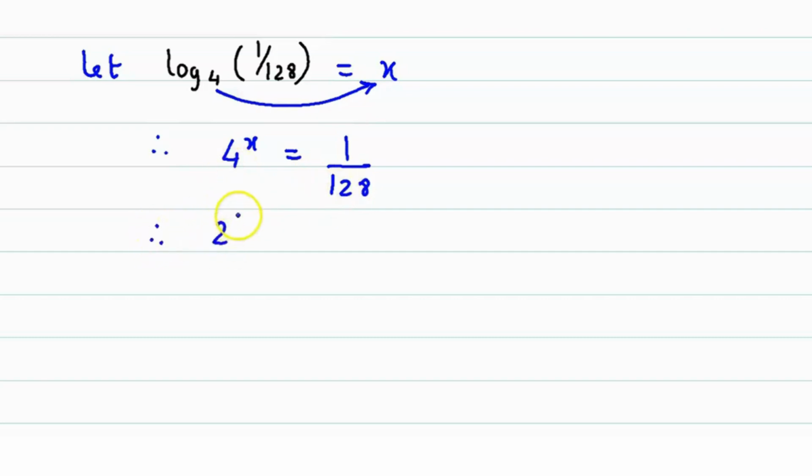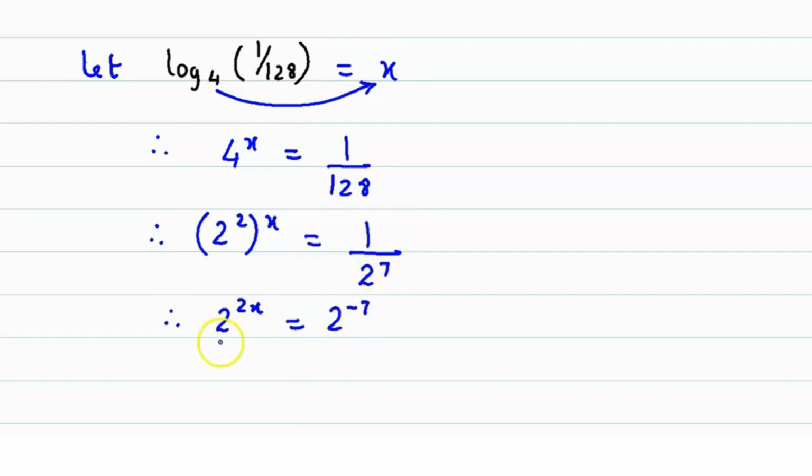सो 4 को हम लिख सकते हैं as 2 square और ये raised to x, और ये आएगा 1 upon 2 raised to 7. So therefore 2 raised to 2x is equal to, अब इसका रेसिप्रोकल आएगा 2 raised to -7. बेस वैल्यू सेम है, सो पावर्स को इक्वेट करते हैं. सो 2x is equal to -7. यहाँ से हमें x मिल जाएगा as -7 by 2.